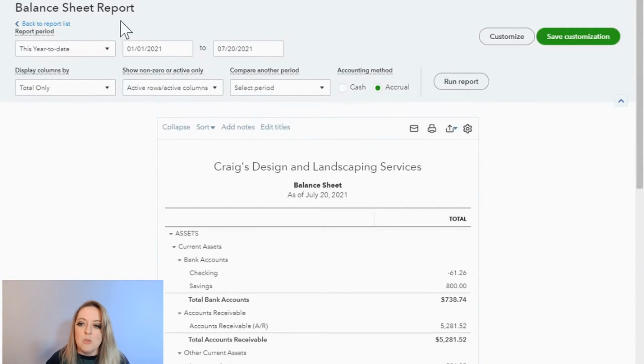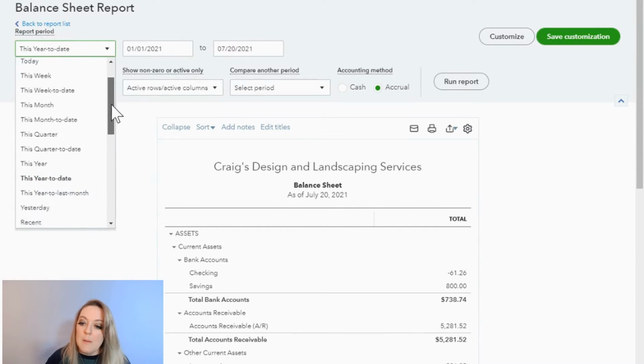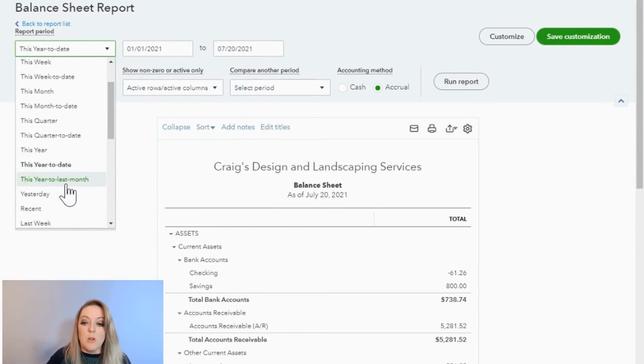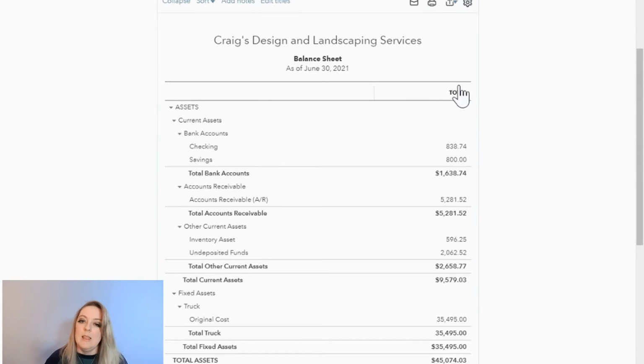Again, as is customary for QuickBooks, it tries to be smart and it tries to default to what it thinks you want to see, and it's defaulting to year to date. I am actually going to change this so that we're looking as of last month. And we'll go ahead and hit Run Report. Now, financial statements.